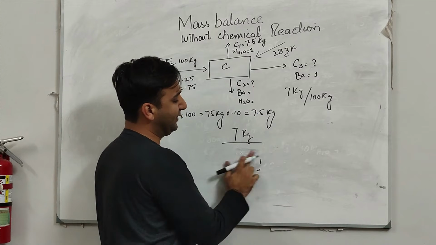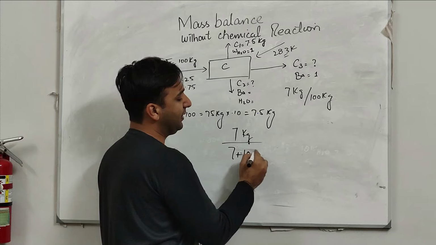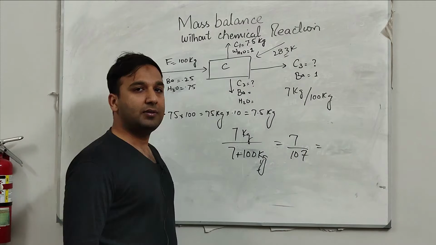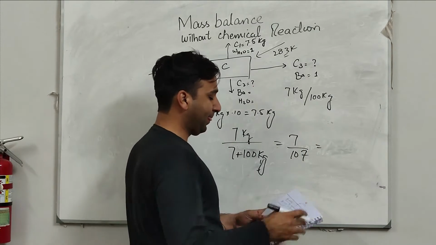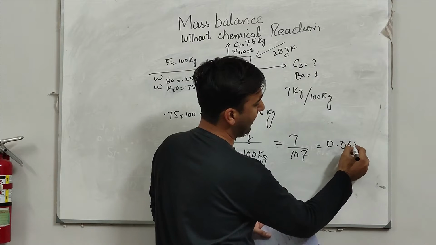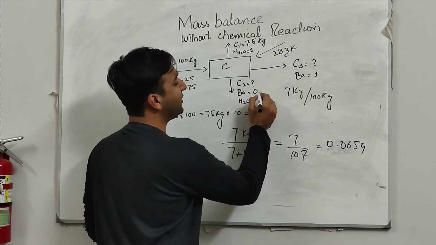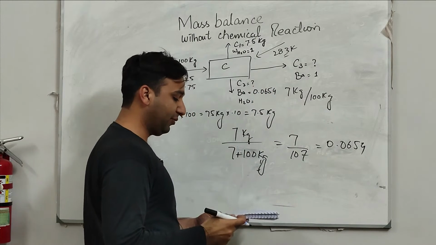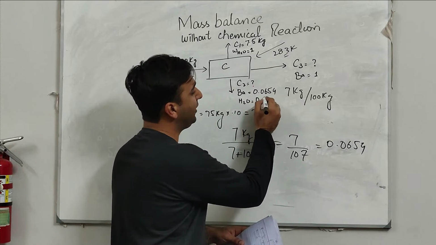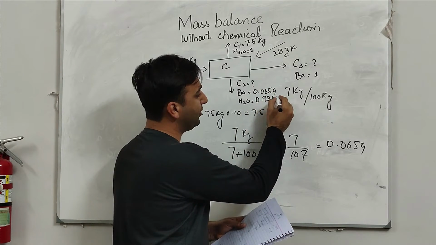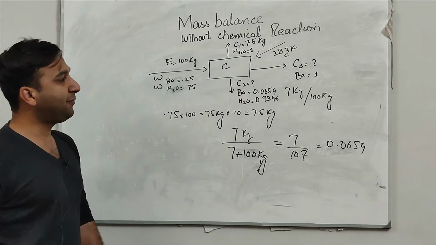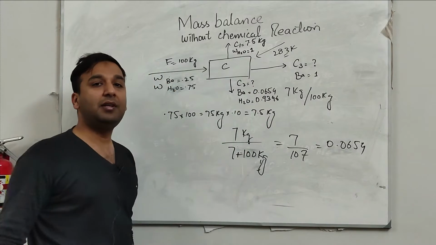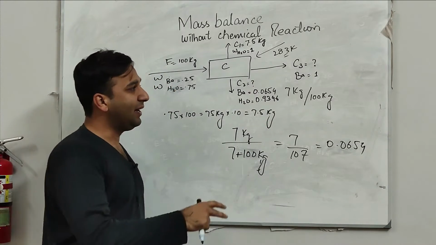So I can rewrite it as 7 kg of barium nitrate plus 100 kg of water, so it will become 7 divided by 107, which is 0.0654. So the mass fraction of barium nitrate in the mother liquor will be 0.0654 and the remaining amount will be for water, 0.9346. So from reading the question, I have found the unknowns that were present.